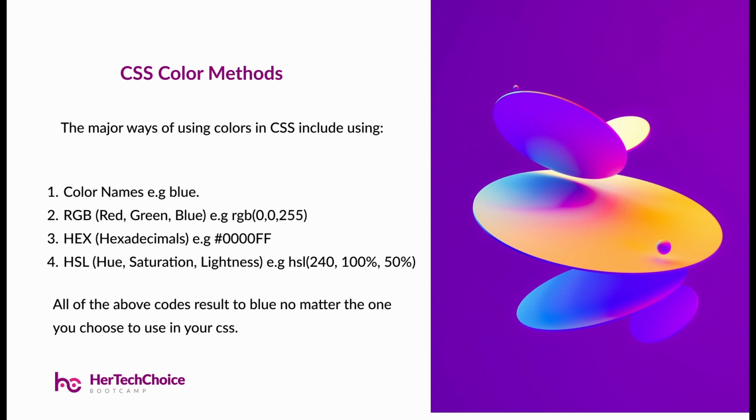Also, there's a way you can manipulate the opacity of a particular color using the RGB and the HSL. The RGB becomes RGBA, that's RGB plus the alpha parameter. Yeah, it's called the alpha parameter. The alpha parameter ranges from 0 to 1.